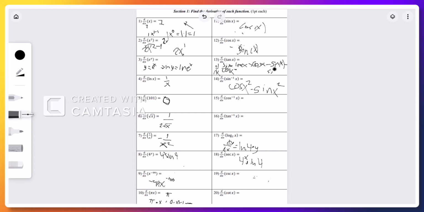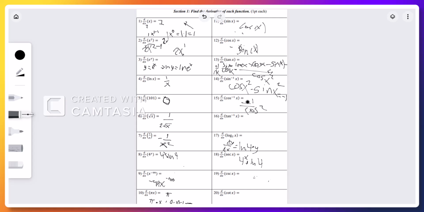So since we have this, we know that it's going to be 1. This is just a trig identity right here. When you add both of them squared, it's going to be 1. So we get 1 over cosine squared. Oh yeah, and this is going to be over cosine squared. There's a little song to this. You could do low d high minus high d low over the square of what's below.